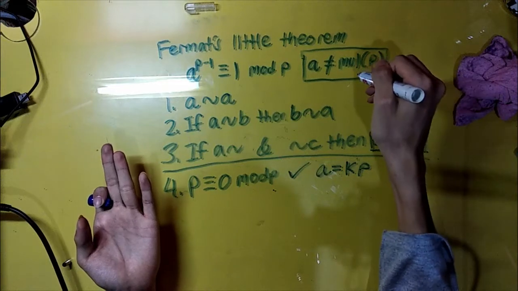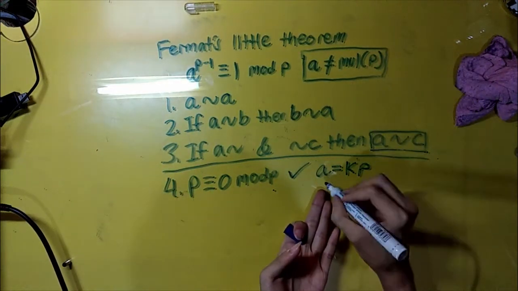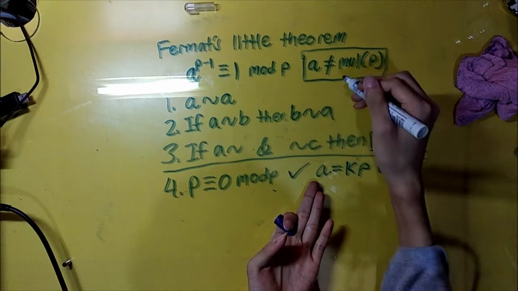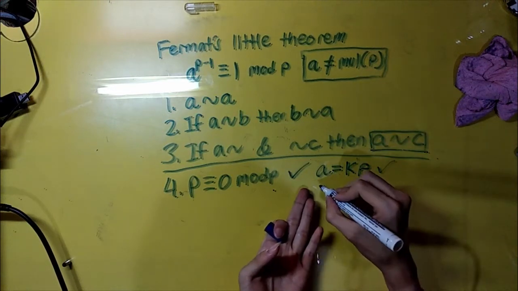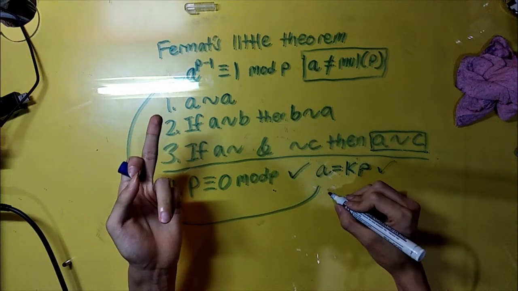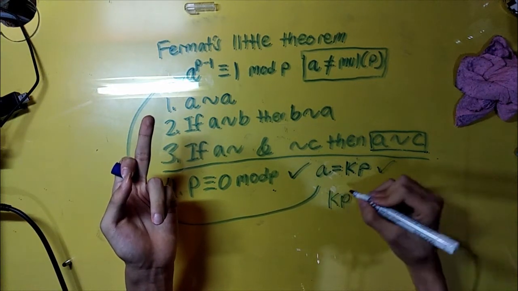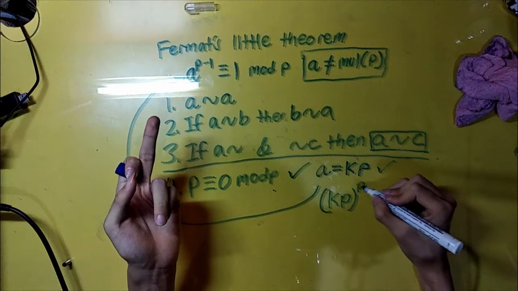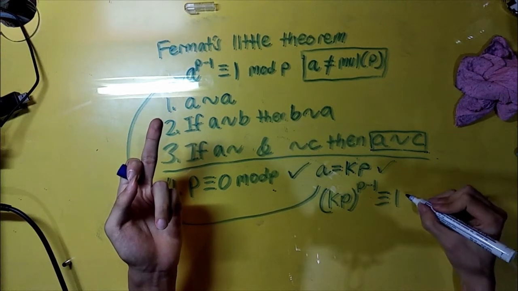That is what it means to be a multiple of p, right? Now let's substitute that in here and see what we get. So we have kp to the power of p minus 1 is congruent to 1 mod p.